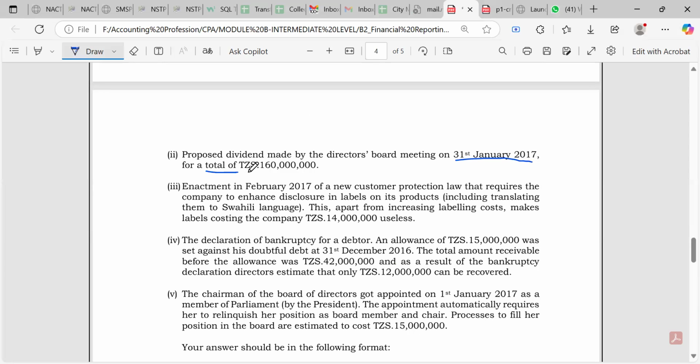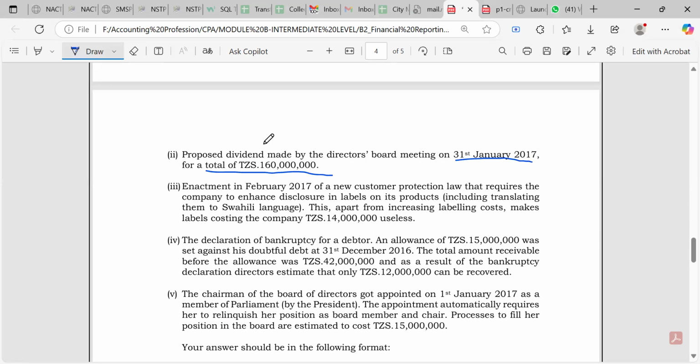We said that the proposed dividend is a non-adjusting event. If you see that it's material, you can go to the notes to the financial statements and explain its nature and its financial impact.